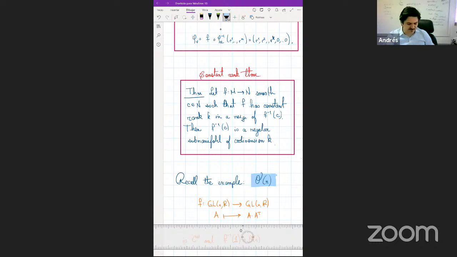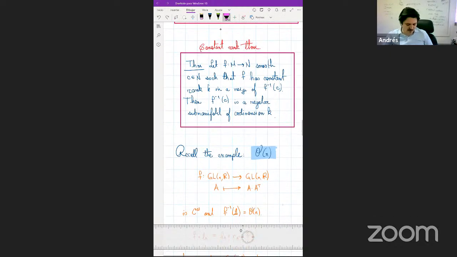So we consider this function like this. Let's continue. This is a smooth function because the entries are polynomial functions of the entries. And moreover, we know that the preimage of the identity is going to give us this.